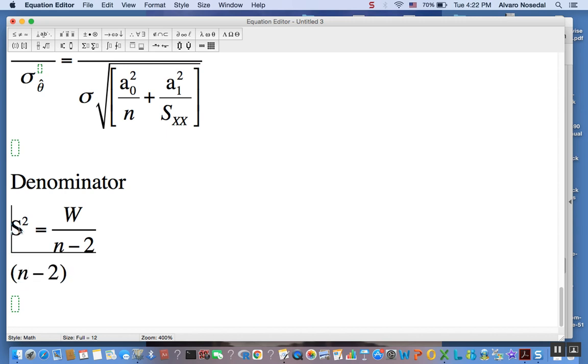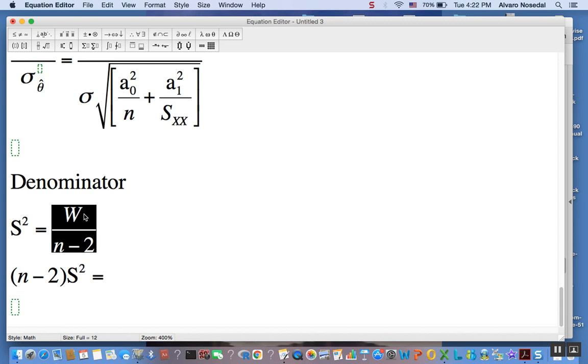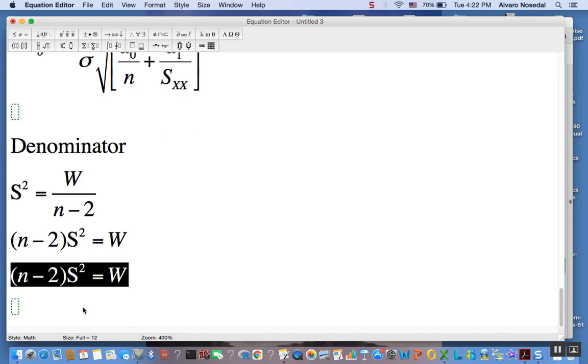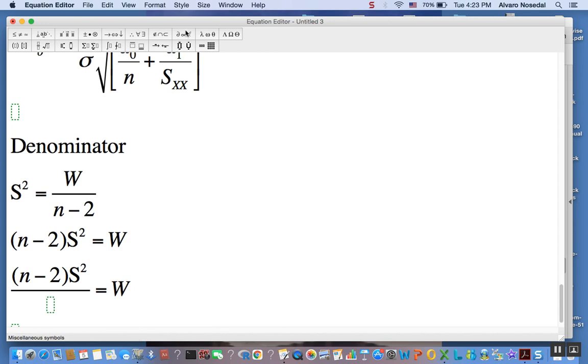N minus 2 times S squared would be the same as W. Then if we divide both sides by sigma squared, that in turn will have a chi-square distribution, and we have that result from our textbook.